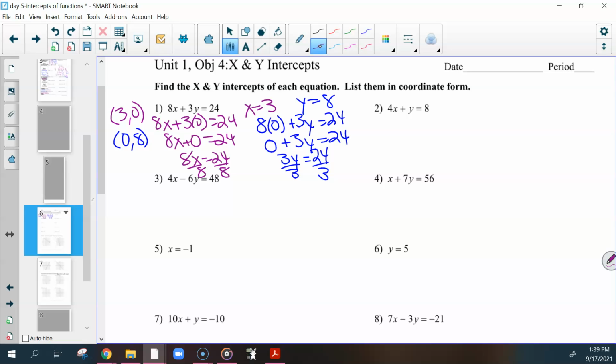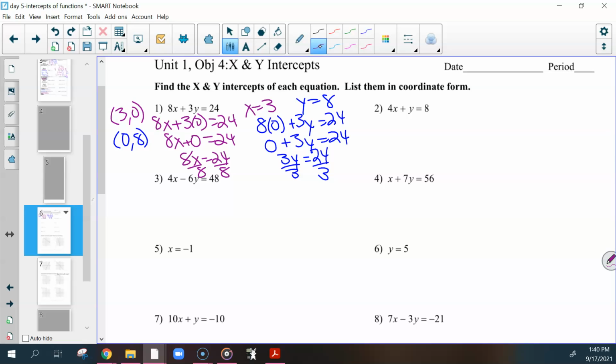X. For the second one, now I'm going to do the same process, but I'm going to make it go a little bit faster. So I think we're still doing the same thing, but you're not going to see all that now. If I'm finding my x-intercept, I know that I need to put 0 in for y. Think about that like, I put 0 in for y, it becomes 0, it disappears. So now I'm covering this up, I don't see it.